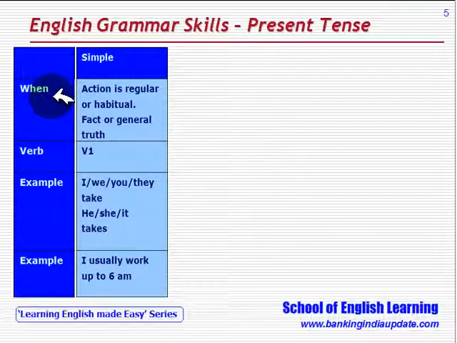Simple present tense is used when action is a regular action or habitual action, or it is a factual position or general truth. In this case, the verb is first form of the word. For example, I take, we take, you take, they take.